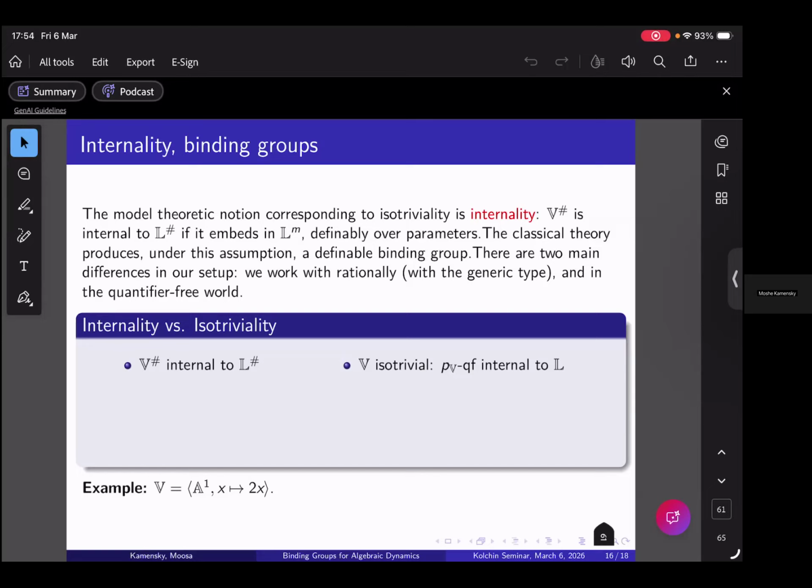This trivialization is given by a rational invariant function, whereas in abstract internality, I just need a definable map.